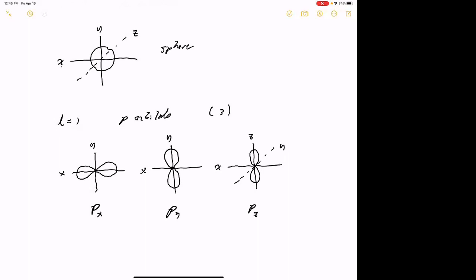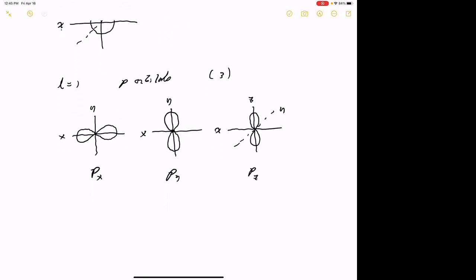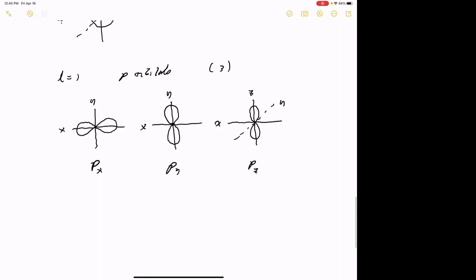And notice how we're defining here by the magnetic quantum number, how the orbital is defined in terms of its orientation in space. And then I'll just show you a set of d orbitals just to give you an idea of what those look like.